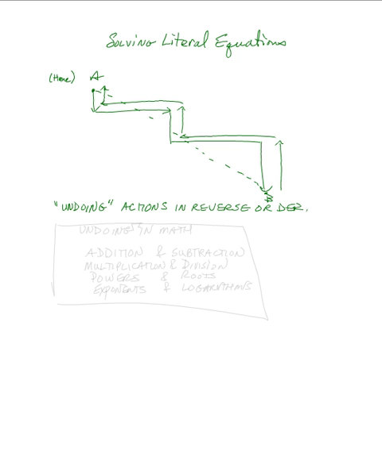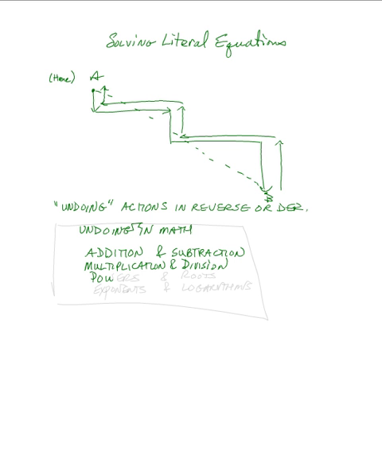Now, in math, what is undoing? Well, undoing, you have to think of what undoes what in math. Well, addition and subtraction undo each other. Multiplication and division undo each other.